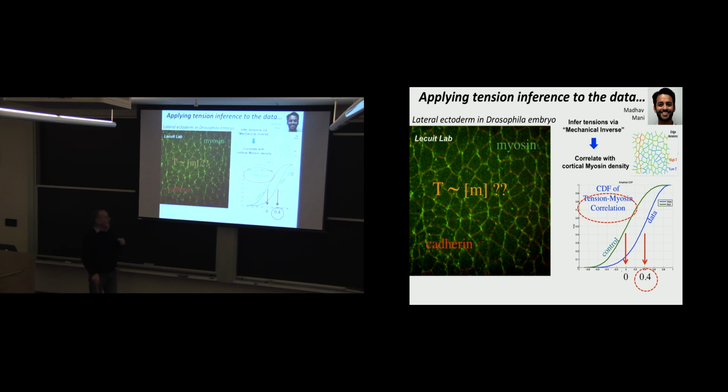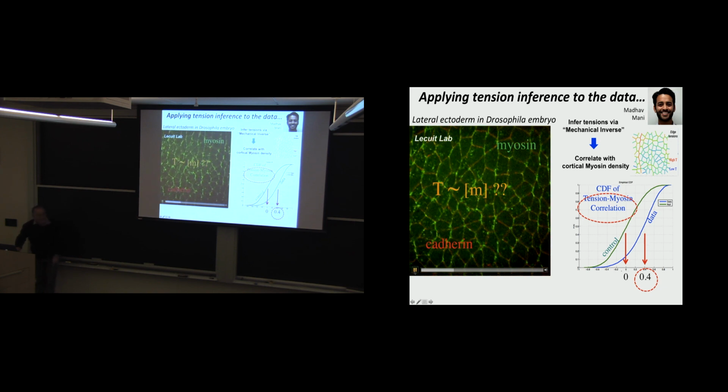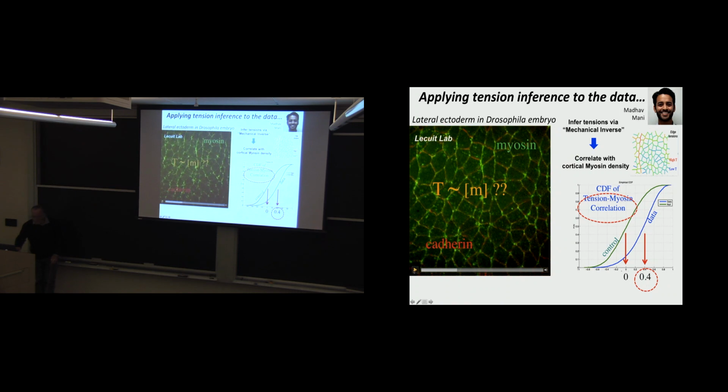And I would like to argue that 0.4 actually is a rather high correlation. And in fact, it's entirely surprising that there is any such thing, because look at this. This was a movie. And I just told you that the whole thing was in mechanical equilibrium. So we made this bunch of assumptions about mechanical equilibrium. We go predict, we find correlation, but it's dynamical. So there's something for us to understand.